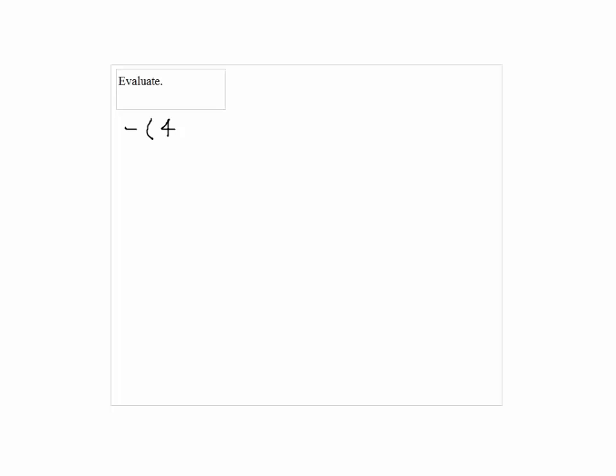Evaluate minus 4 to the power of 0. So this is like a minus 1 times, in the parentheses, 4 plus x to the power of 0.